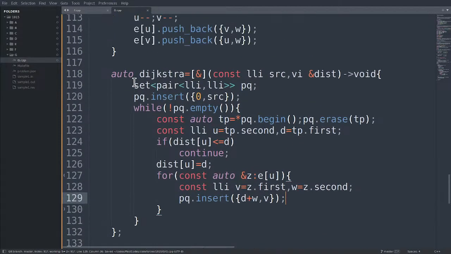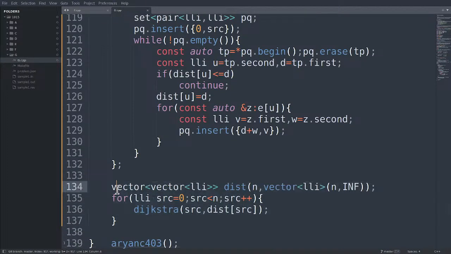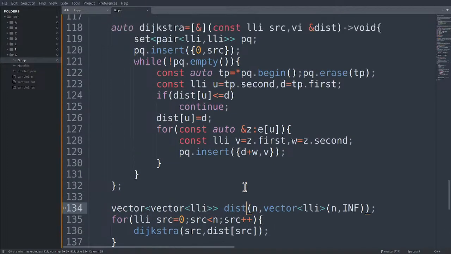This is the code for Dijkstra, and once we run this algorithm, it will compute the shortest path between each of the nodes over here.